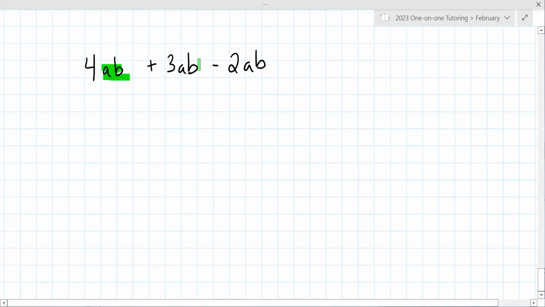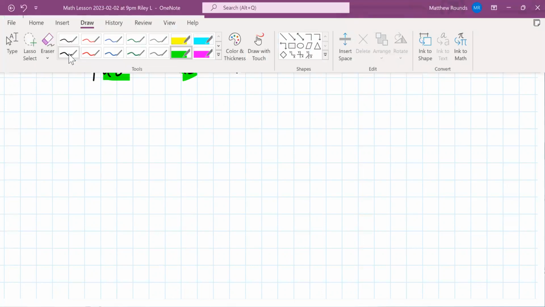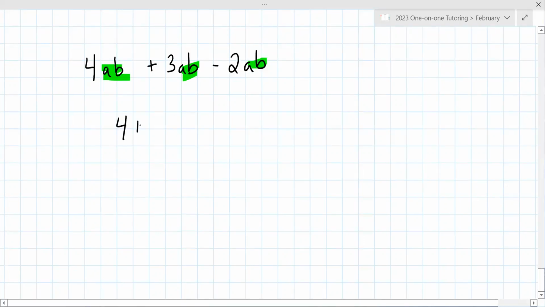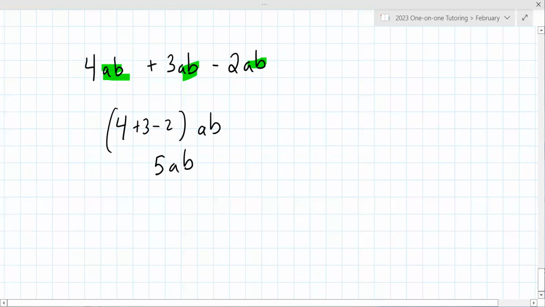Yeah. Which are all like terms, and then you would do 4 plus 3 minus 2. That's right. So it would be 5ab. You got it.